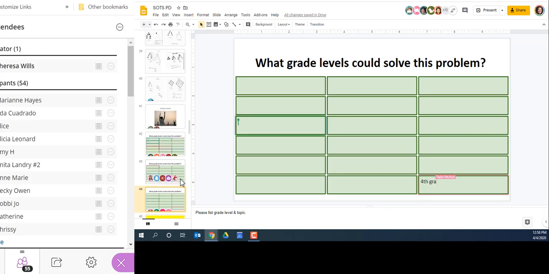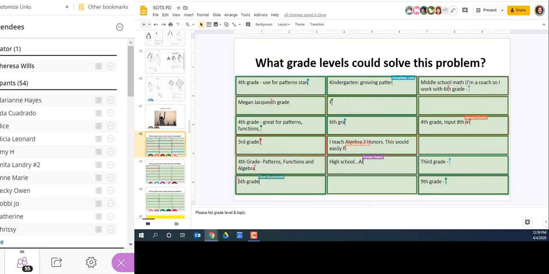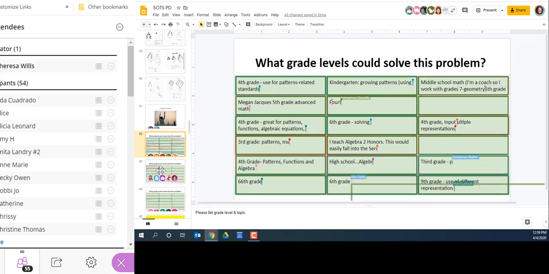Take any available text box and tell us what standards are seen in your grade. There are more text boxes on the slides below.